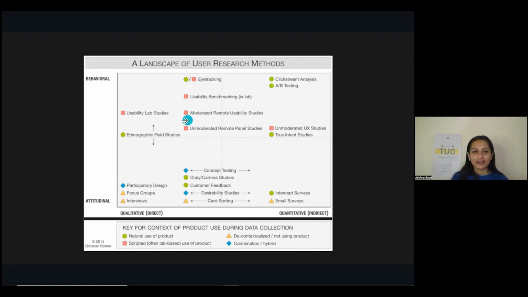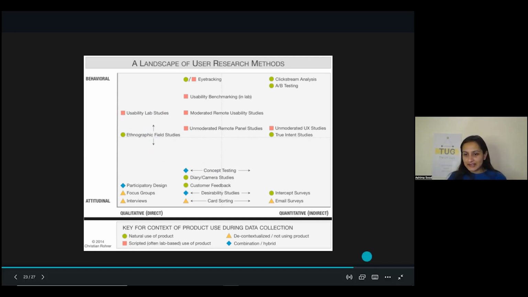Then when it comes to usability lab studies, it's more on the qualitative side because you're trying to understand how people would use the particular aspect, and you're there face to face. So it has an ethnographic aspect to it as well. And then with ethnographic, it could go both behavioral and attitudinal, depending on the questions that you have formulated.